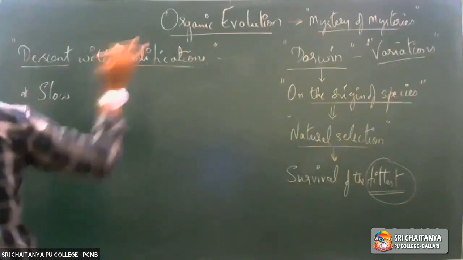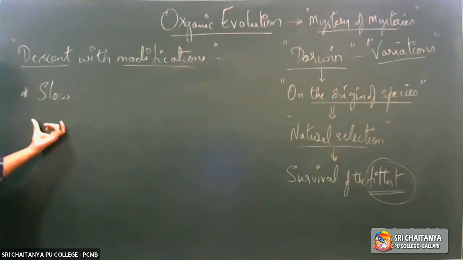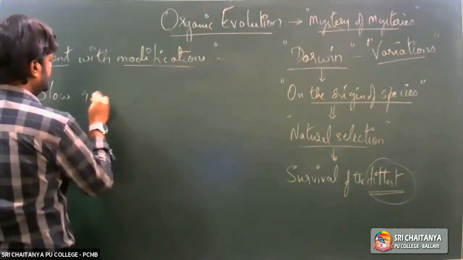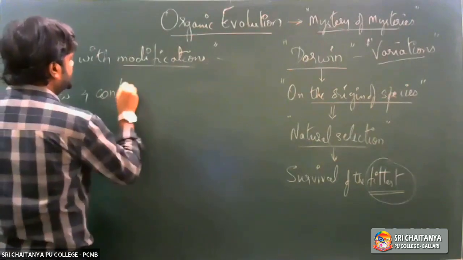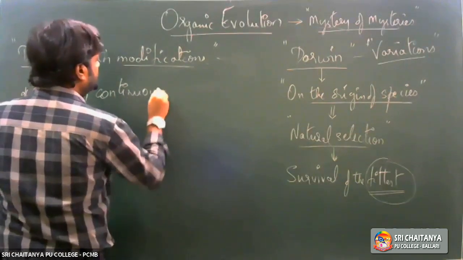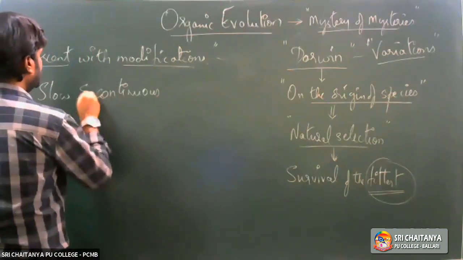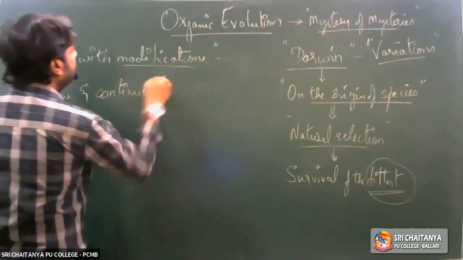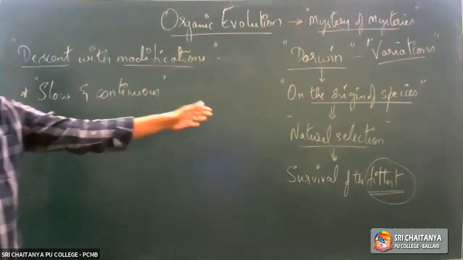So as per Darwin, evolution is a very slow process and a continuous process.